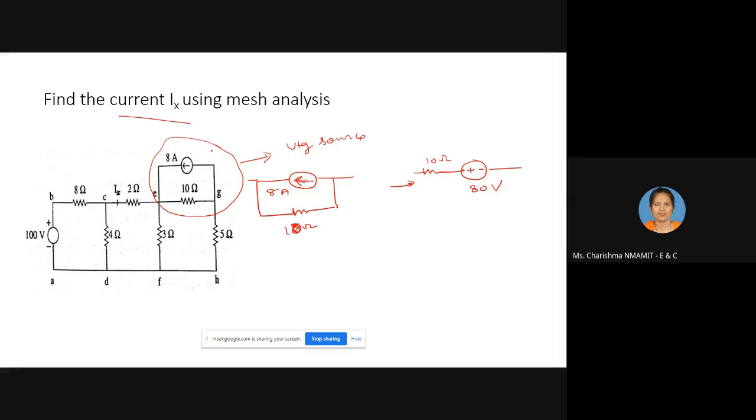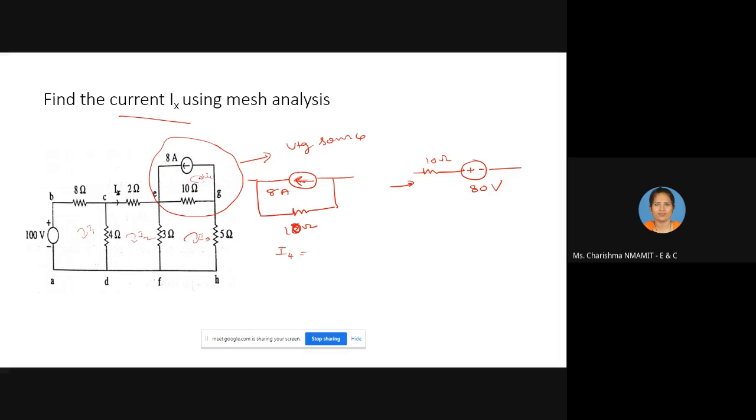You can keep it as it is, but then you have to assume one current here, I1, I2 here, I3 here. Then you need to consider one more current, I4, so that you will get 4 equations. Where I4 is nothing but what? In this loop you have only the current source, at the perimeter of the circuit.